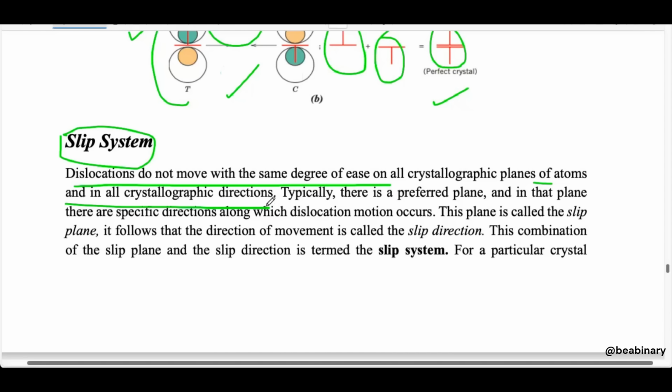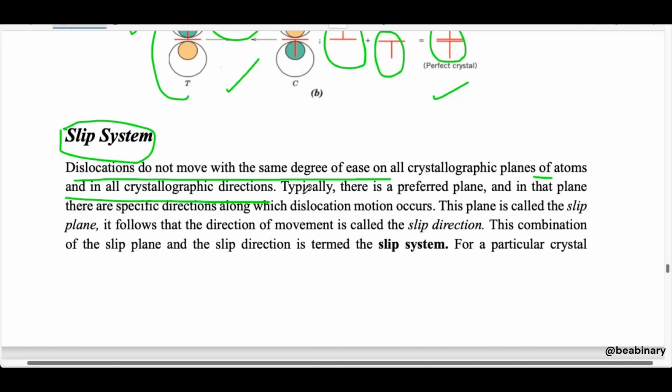All the rest do not participate in your slip system, so that would not be our concern. Our concern is only on two things: the plane which is responsible for the movement of the imperfection or dislocations, and the direction in which that plane is moving, which is known as your slip direction. Combined together they are known as the slip system.